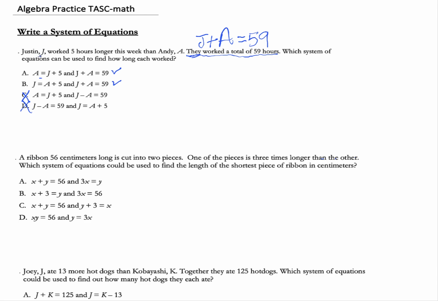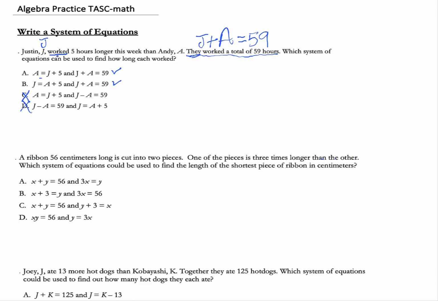So we're going to go back to the first sentence, which says Justin J. So there's your J. Now that word worked is a verb. Any verb that they include in any sentence would represent an equal sign. Most of the time folks are accustomed to the word is from the verb to be, but they can use other verbs.